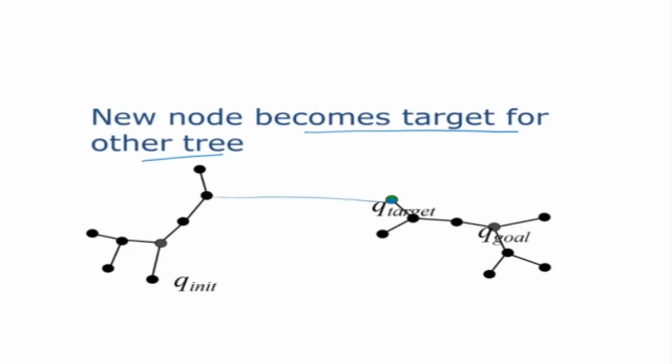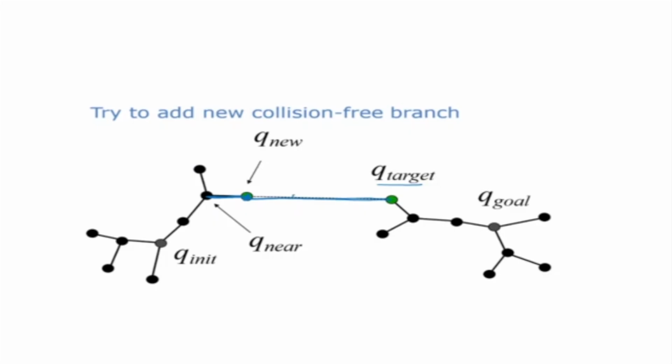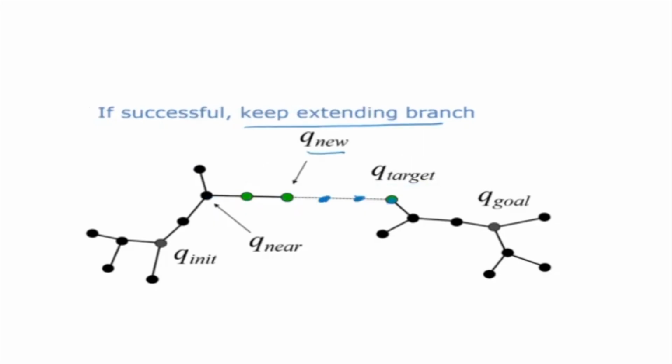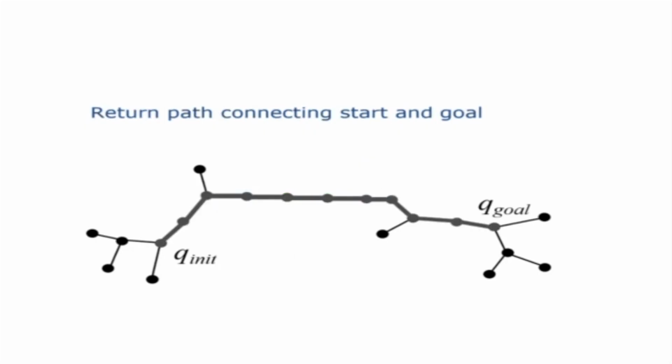I identify this is the shortest distance. Then from here along this direction I generate a node, and on this line I generate another node. In this way I'm generating new Q news, and finally I make this branch and connect this with that. So now I have connected and made my tree.